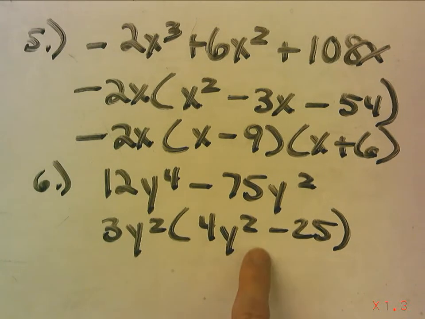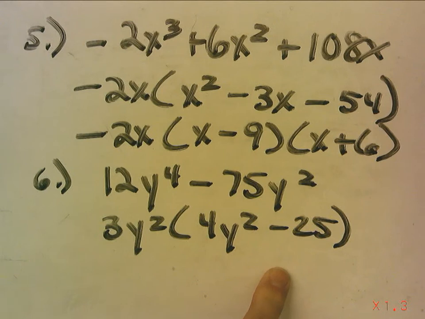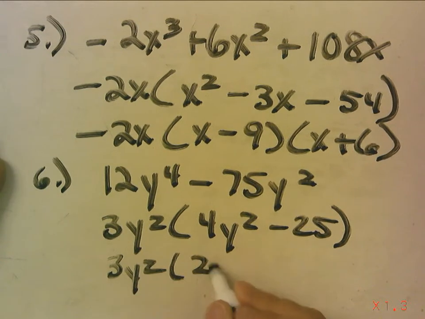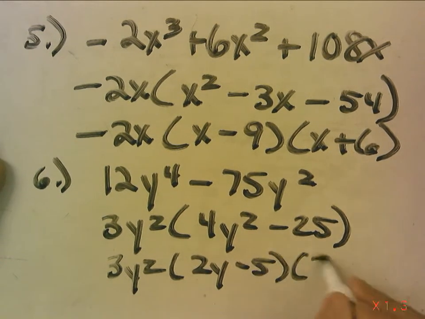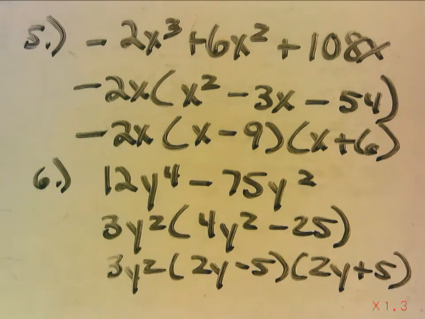You are never done until you check your binomials and make sure there's no GCF or there's no difference of squares. Those are the only two possibilities. So this is 2y minus 5, 2y plus 5. So remember, when you have a binomial, can you take out a GCF? Is it the difference of squares?